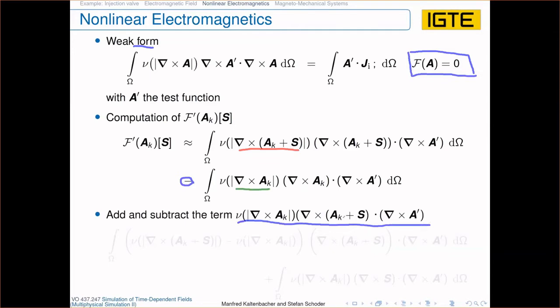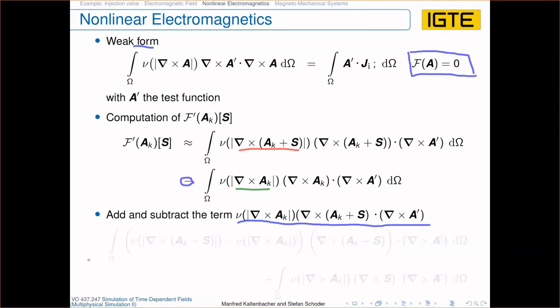But as you see, it is the evaluation at AK, the curl of AK plus S. We also have here AK plus S. And so we will get here the difference between the evaluation of our material parameter nu at the curl of AK plus S and the curl of AK. And then we can more or less develop this function in a Taylor series and get rid of the necessity to evaluate it at AK plus S.